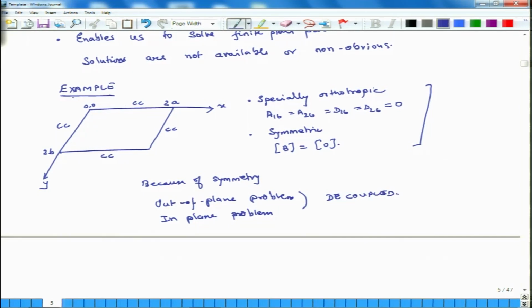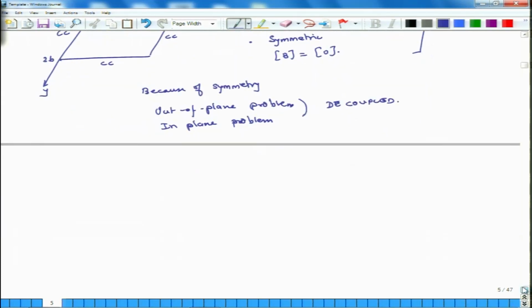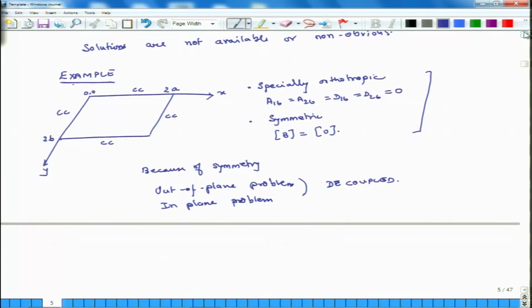So, I do not have to solve the in plane problem and out of plane problem in a combined way because they are disconnected. So, I can solve the third equilibrium equation separately, and its solution does not influence the solution for the first two differential equations which tell us the in plane part of the problem. And we also say that this plate is having some normal load, and that is q.